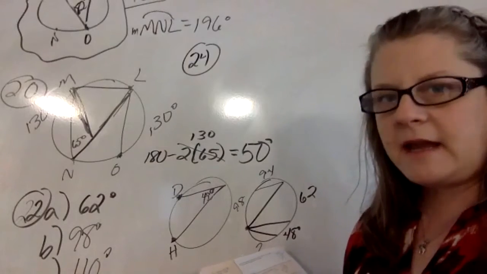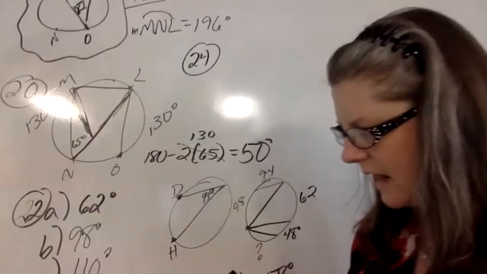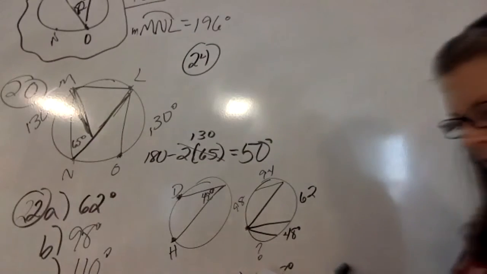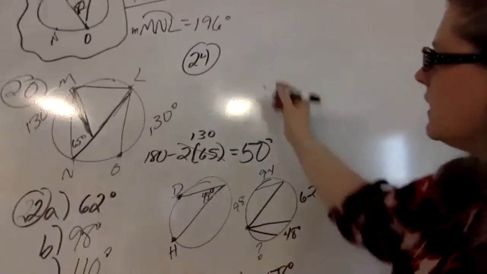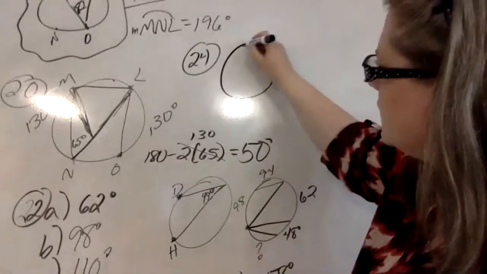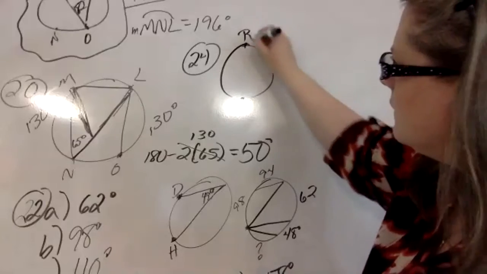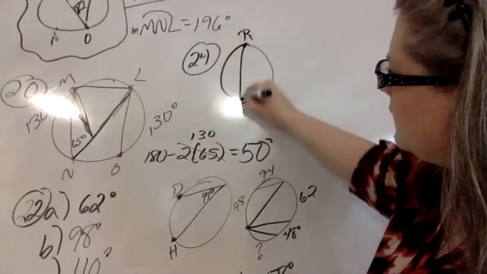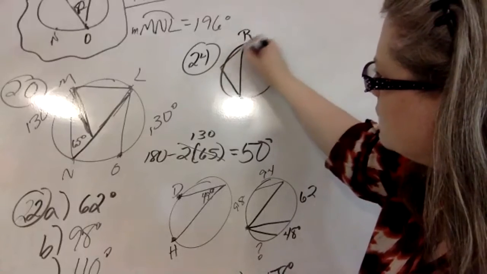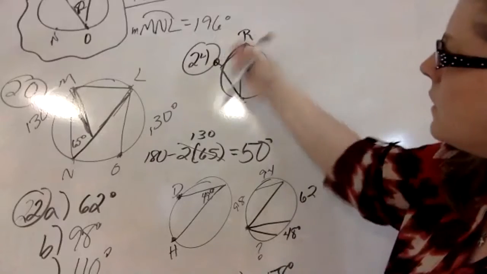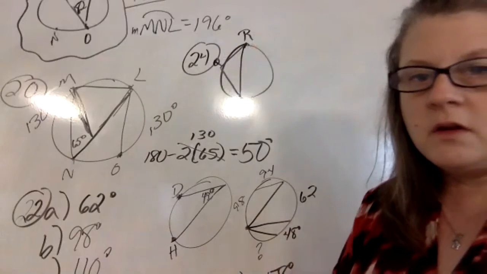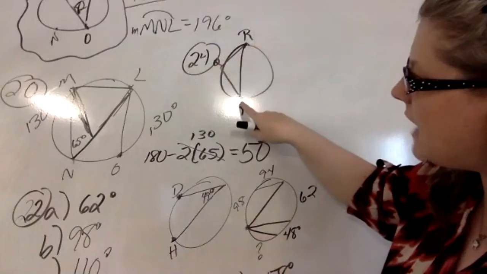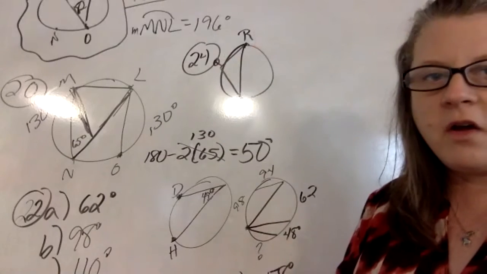So RT is a diameter. If I'm looking at angle RQT, I'm just looking at that part of the circle. Here's R, here's T. You have a line that goes across there, and then you have Q over here. So RQT intercepts a semicircle. Remember, your inscribed angle is equal to half of the arc.